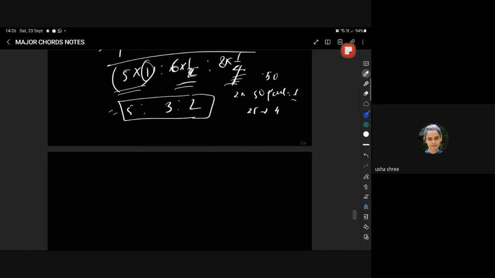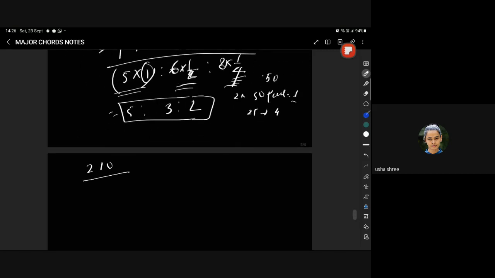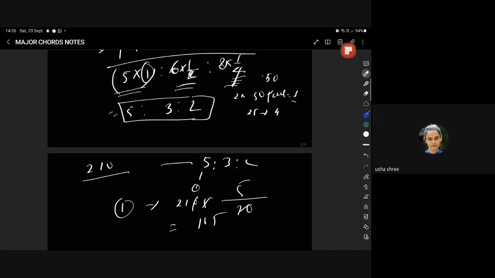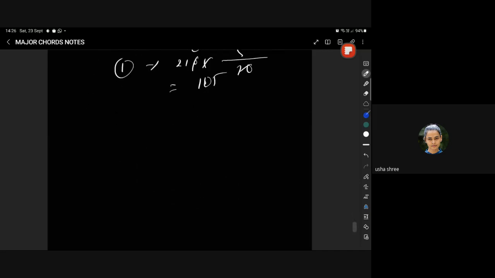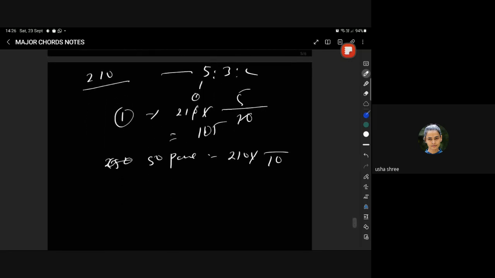Now you have 210 rupees in total, and the ratio is 5 is to 3 is to 2. So how many 1 rupee notes are there? 210 into 5 by 10, how much? 105. Then 50 paisa, 210 into 3 by 10, so 63.